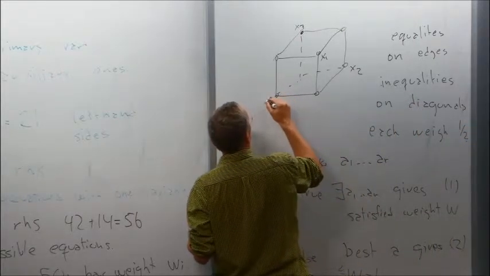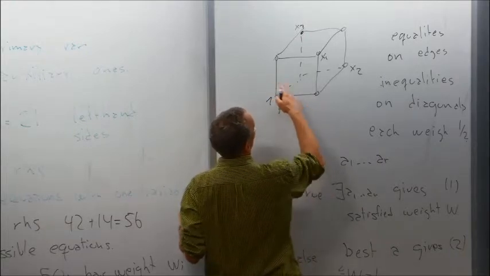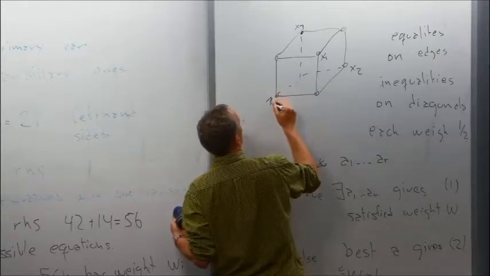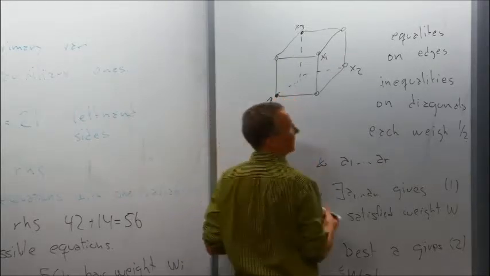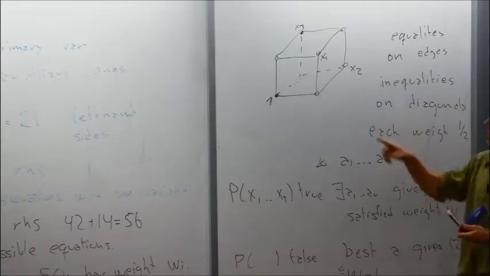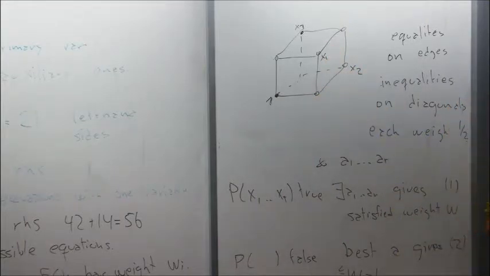And I'm sort of cheating here, so I claim now I have 1, 2, 3, 4, 5 auxiliary variables, but the one there is identically 1, so it's the constant 1. So I have some equations of weight 1, and then I have... This is the gadget that comes out. That's the optimal gadget for 3-sat to tooling.